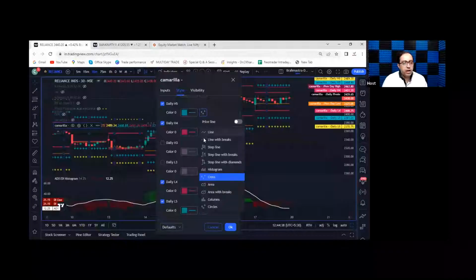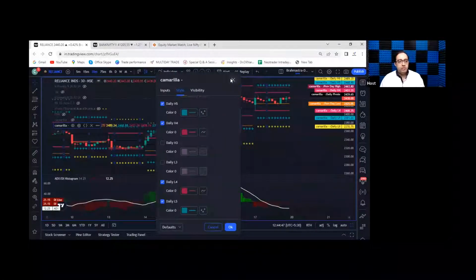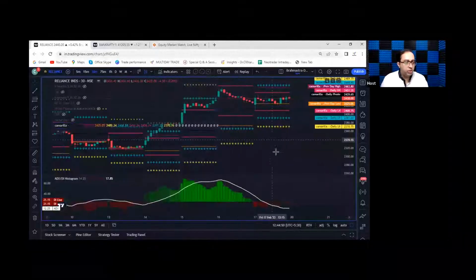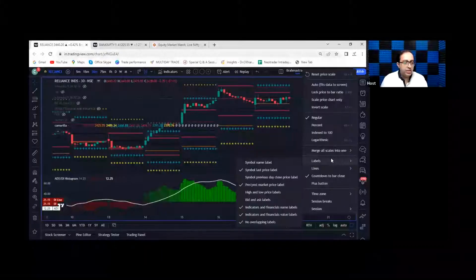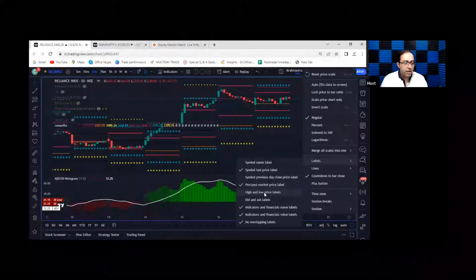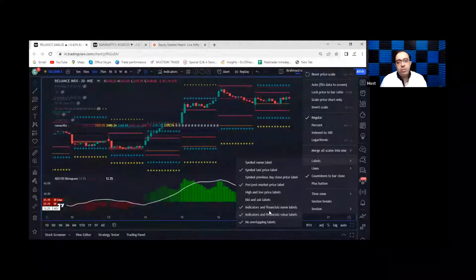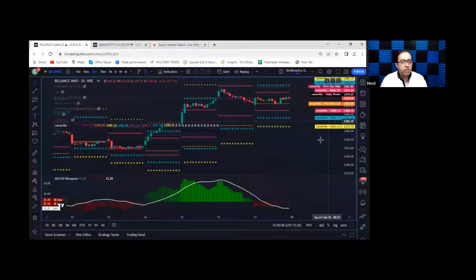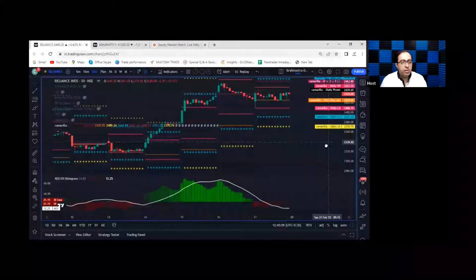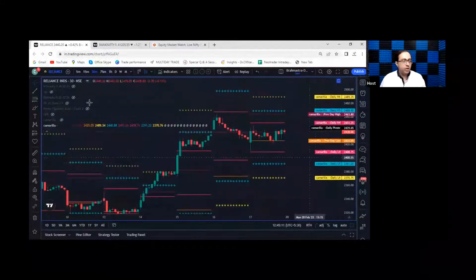From here you can take your style. Preferably go for either circle, cross or line. Don't go for anything else. I hope all of you are clear. You can choose your own color, there is no problem. To add labels, there are labels here, and this is for TradingView indicators and financial name label. If you select this, then you will get whatever is mentioned as part of the whole thing. Clear?